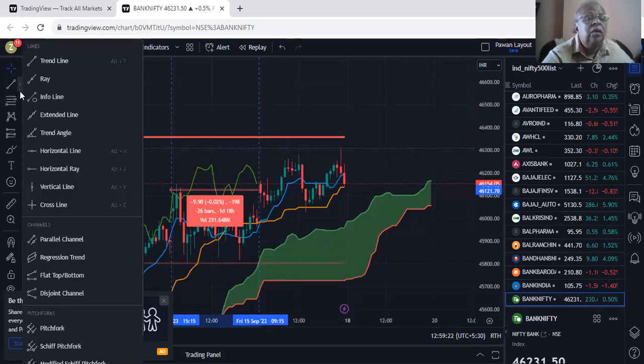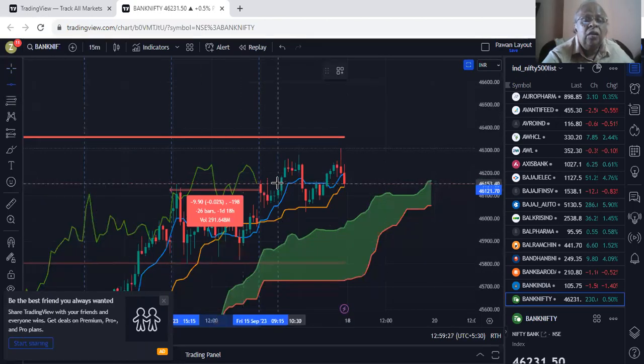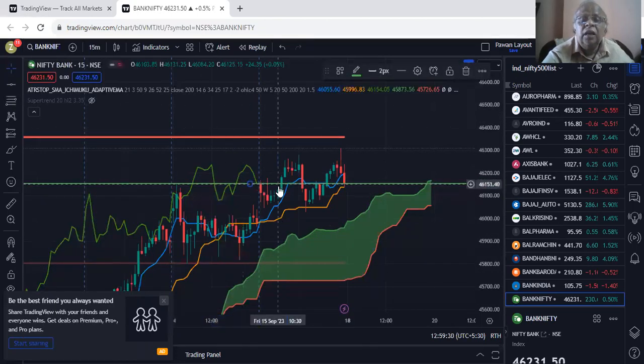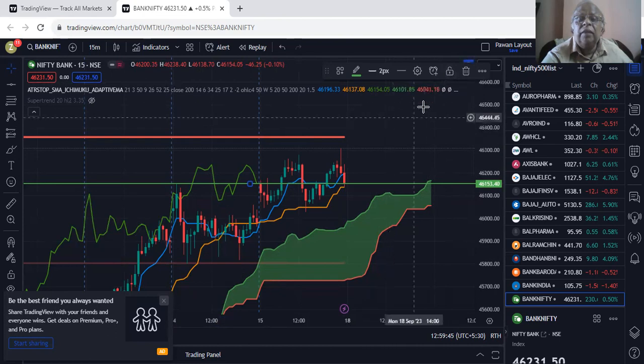So you draw a horizontal line on the high, that is 46,153. This line is known as what we call the trigger price or the entry level price.